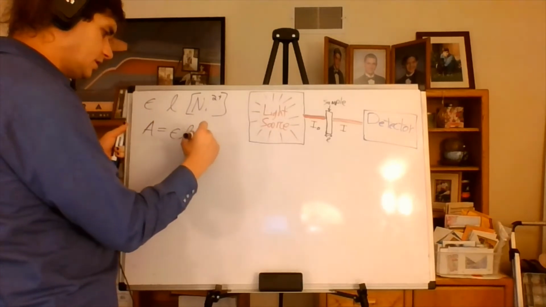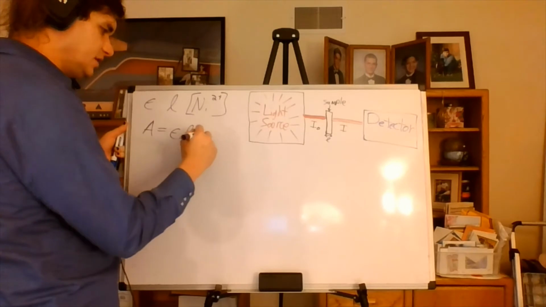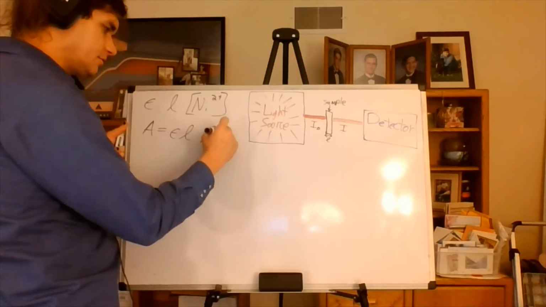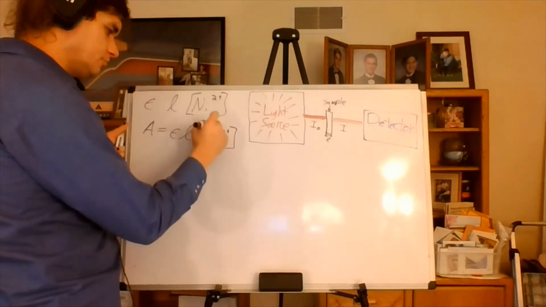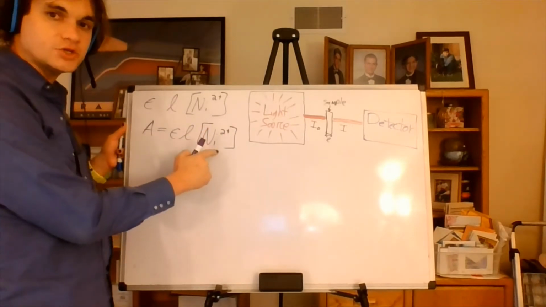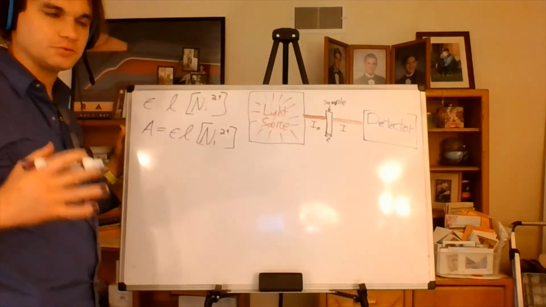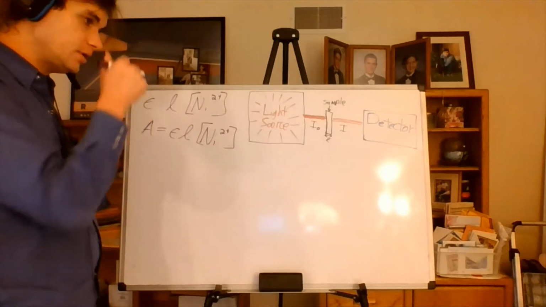Epsilon L, and in place of C, I'm going to have nickel 2+ in brackets. When something is in square brackets like this, that means that we're talking about a concentration.